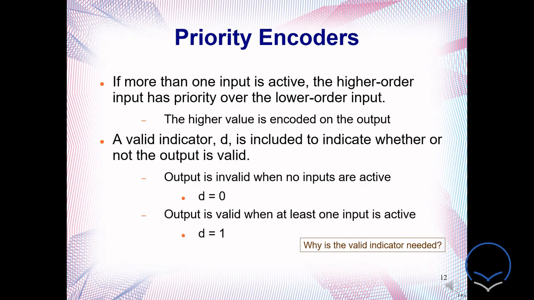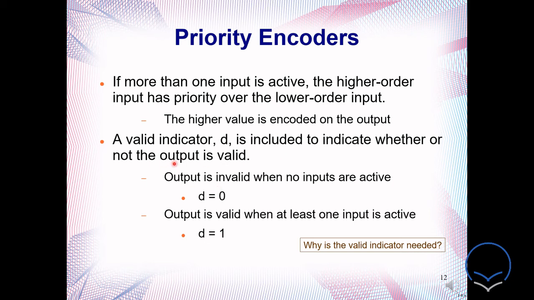Priority encoder. We'll find the answer to the previous question here. If more than one input is active, the higher order input has priority over the lower order input. So this is the answer. The higher value is encoded on the output. A valid indicator D is encoded to indicate whether or not the output is valid.